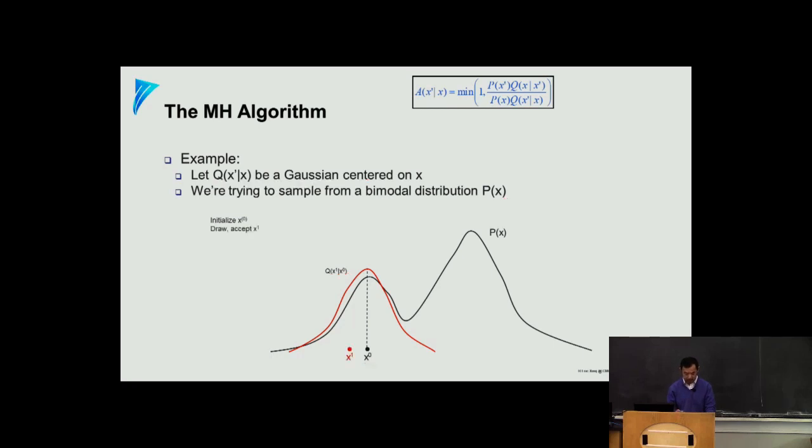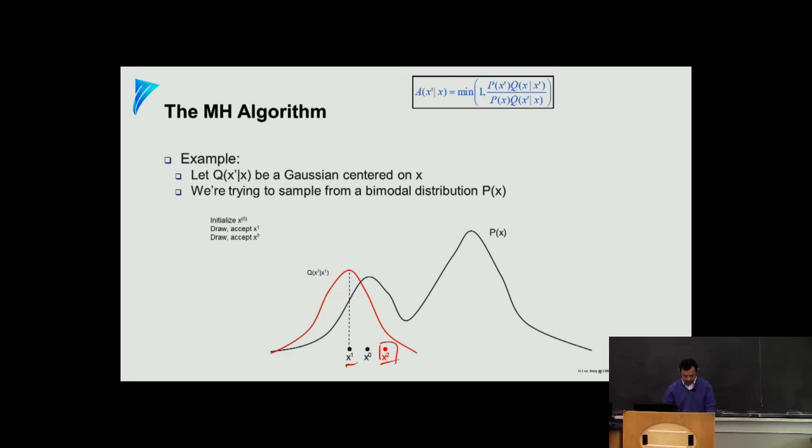Say you get an x1 here. That's possible. It is away from the other mode in the target distribution, although in practice you don't know it, by the way. You don't actually see the whole distribution. You only know the proposal Q. But you get this new sample, and you use it to define a new proposal distribution, which is now shifted to the left-hand side.